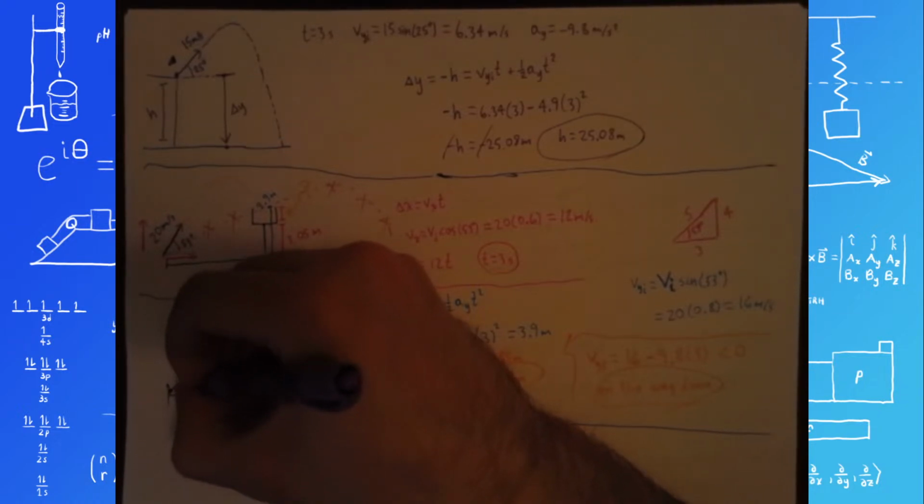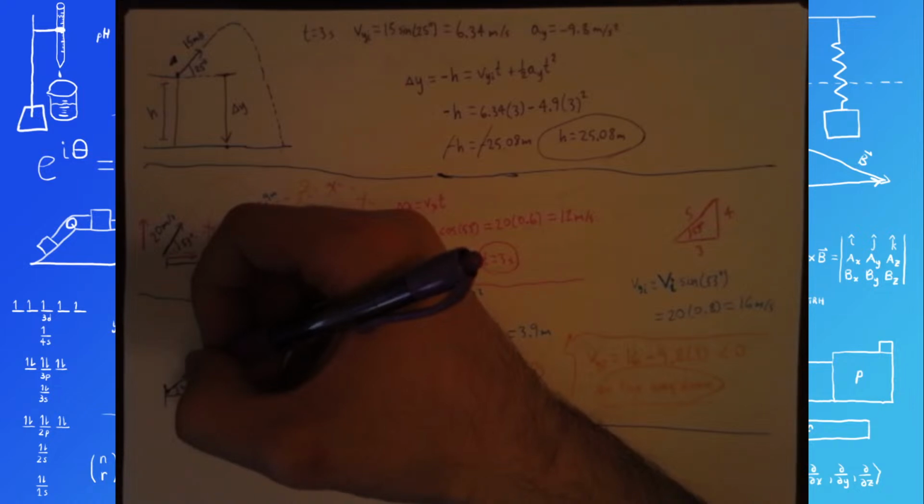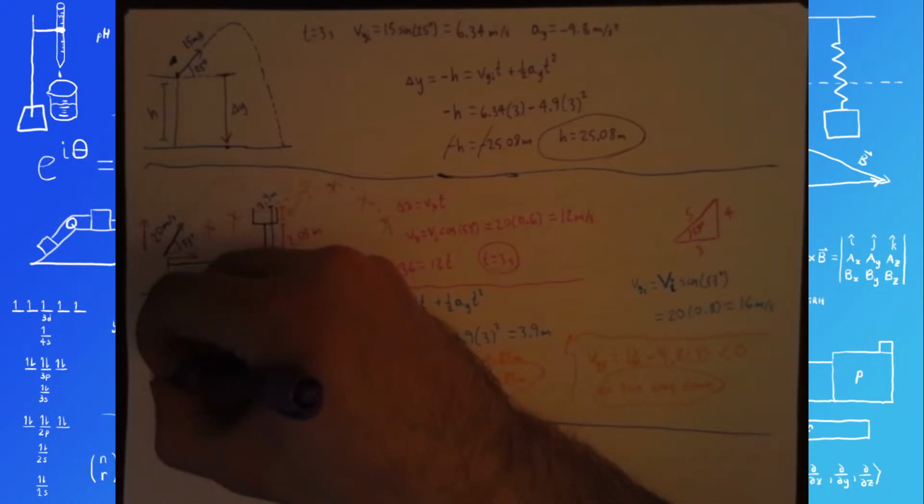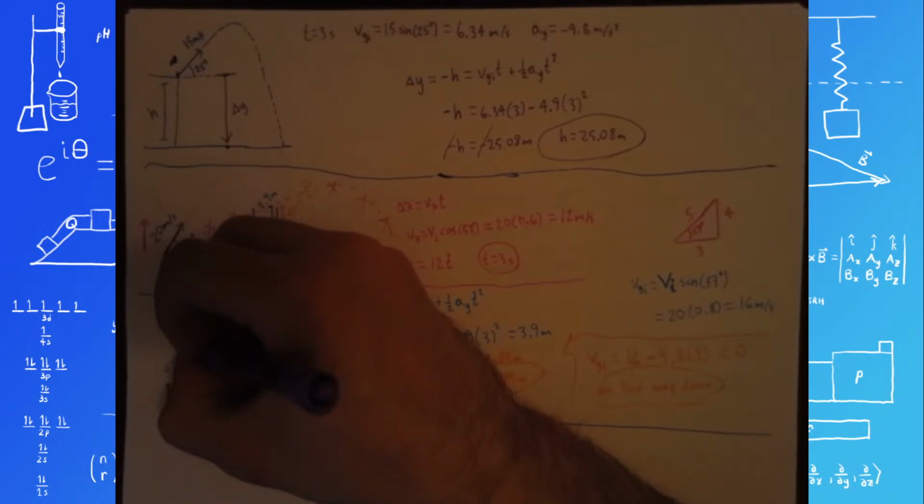So at 30 degrees, and they said it was a speed of V initial equals 40 meters per second.